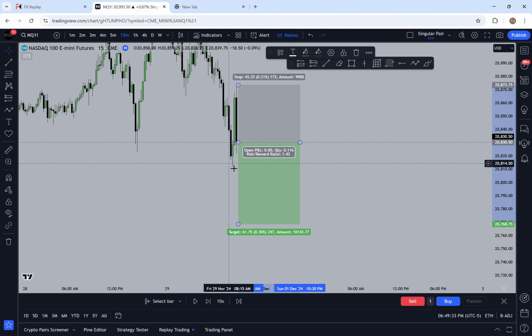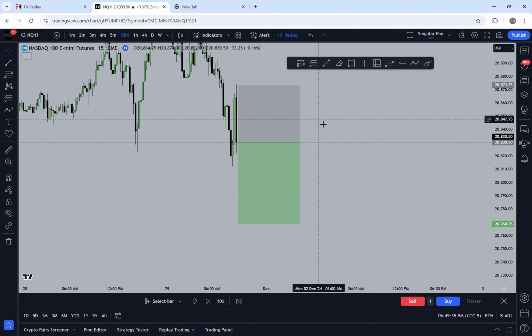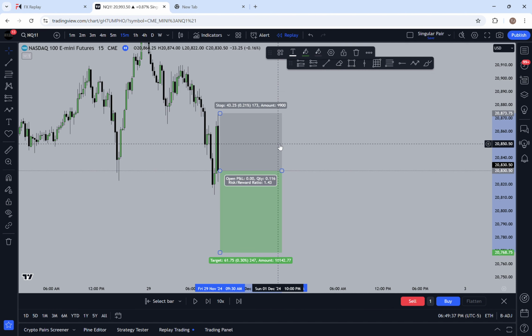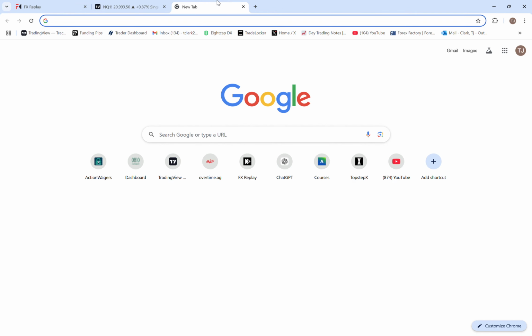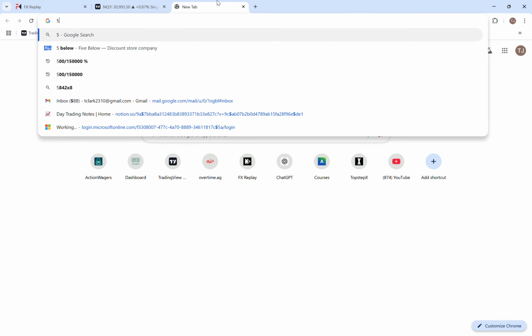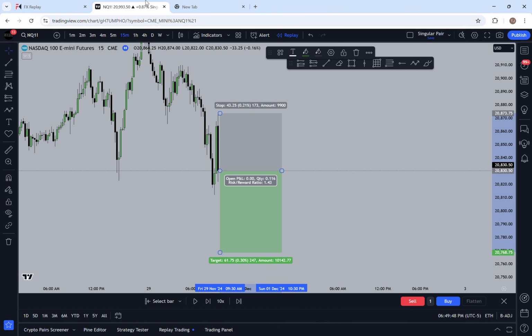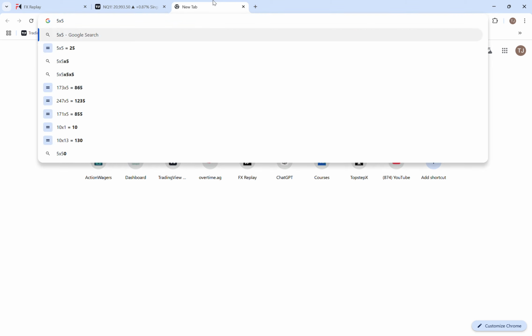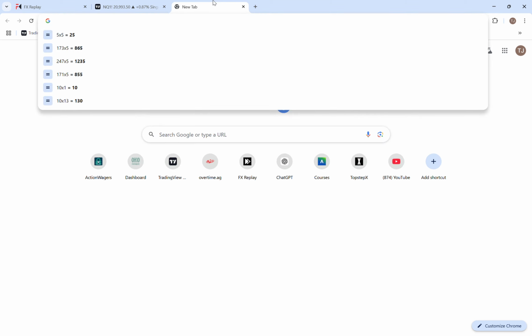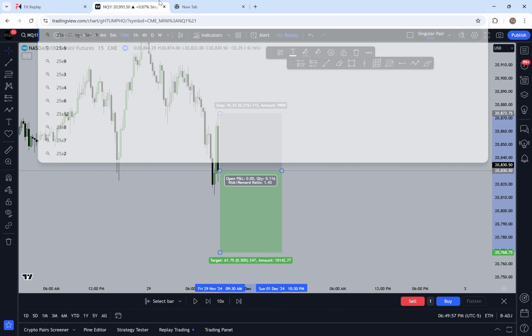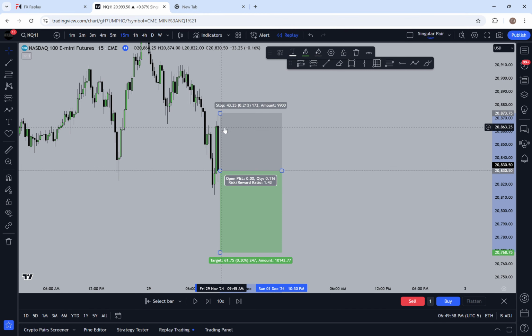But anyways, we're going to calculate it in the calculator, because let's just say we want to risk 5 contracts, right? So what are we going to do? We're going to take our 5, because 5's always going to be there, and multiply it by how many contracts we want to use. So let's say 5. So you get 25, right? What you're going to do with that 25 is multiply it by your stop loss in ticks.